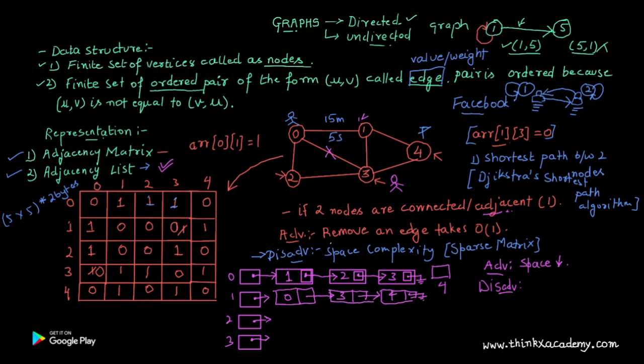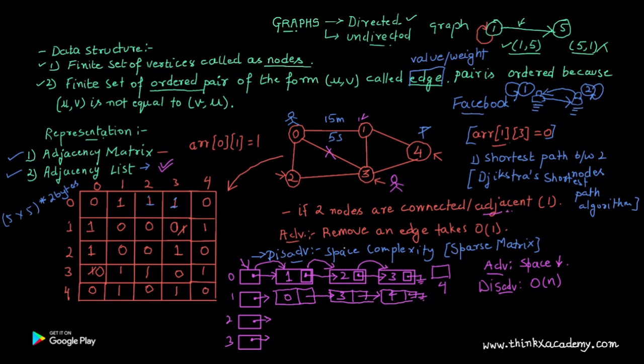So what we'll have to do is we will have to move to this pointer 0, and then we will have to traverse along all the entries till we reach 3. So this is going to take big O of n time. So this is the basic disadvantage.